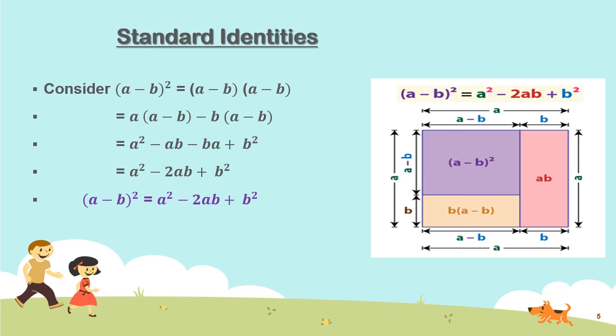That is a into a minus b, then minus b into a minus b equals a squared minus ab minus ba plus b squared, which is equal to a squared minus 2ab plus b squared. So we arrive at the second identity, a minus b the whole square equals a squared minus 2ab plus b squared.